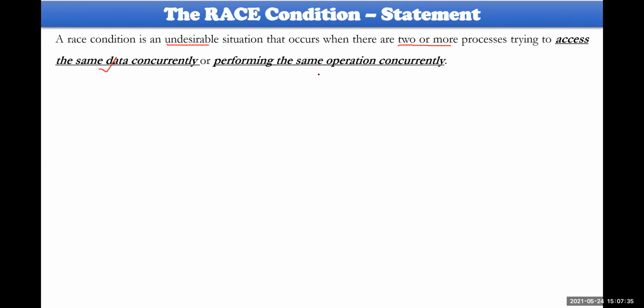If you perform such operations, then a race condition will occur. The most probable error that occurs when a race condition is taken into account is that the update done by one process will be overwritten by another process.